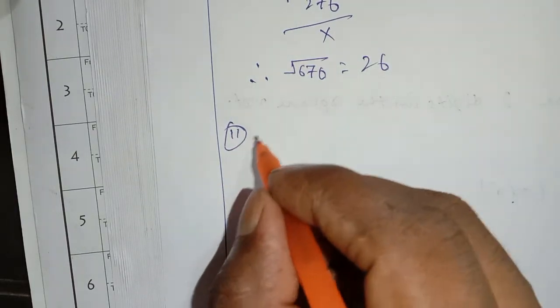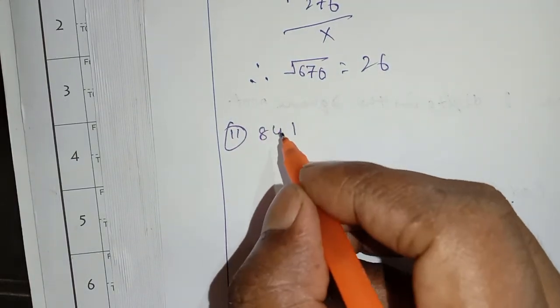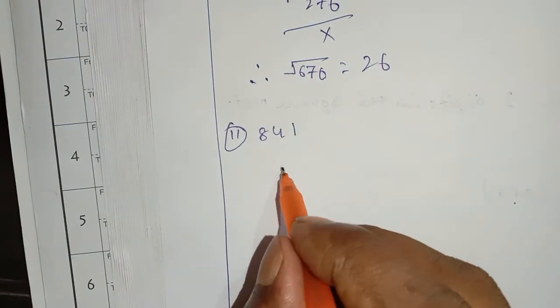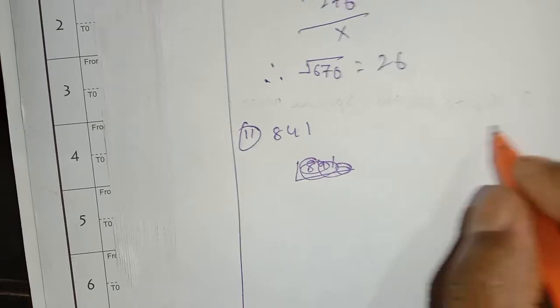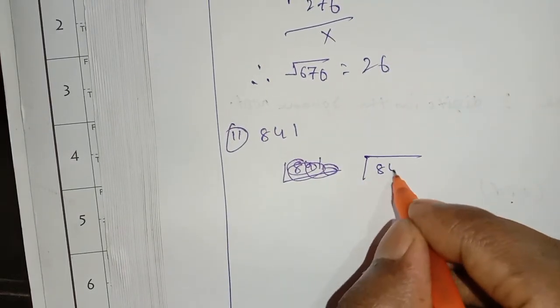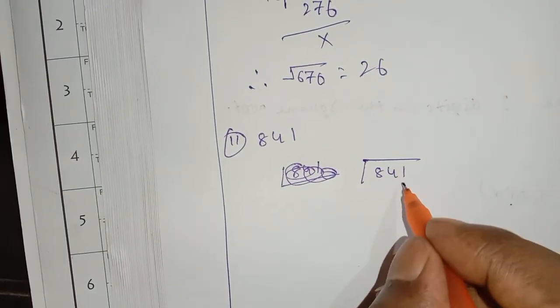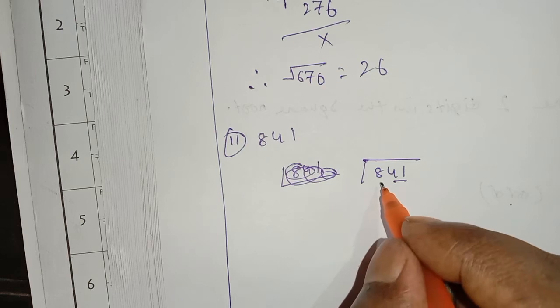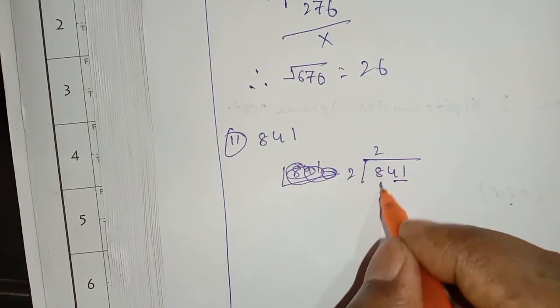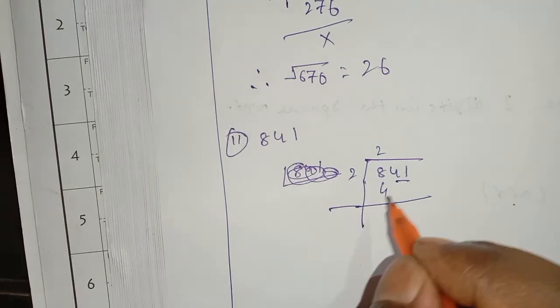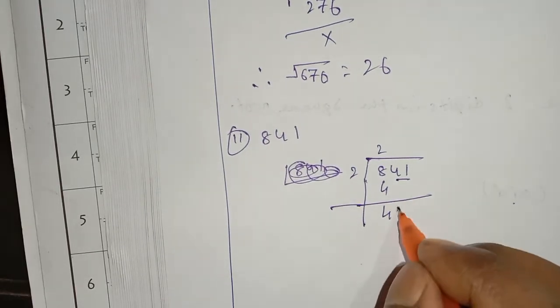Next, number 2, see here. Number 2 is given: 841. It will be divided. Now see here also, taking two digits, 8 remains. What number do we take? 2. Then 2 2 is 4, minus gives 4. The double number will become 4.